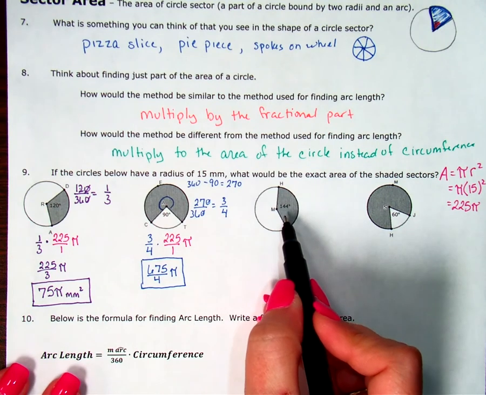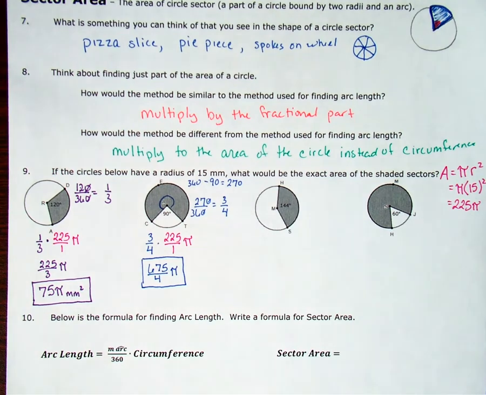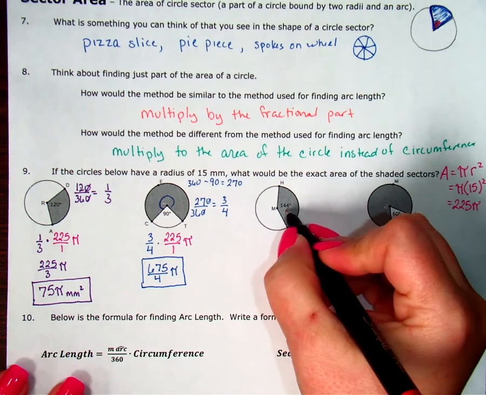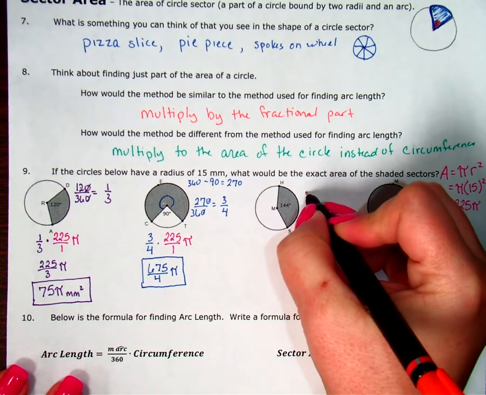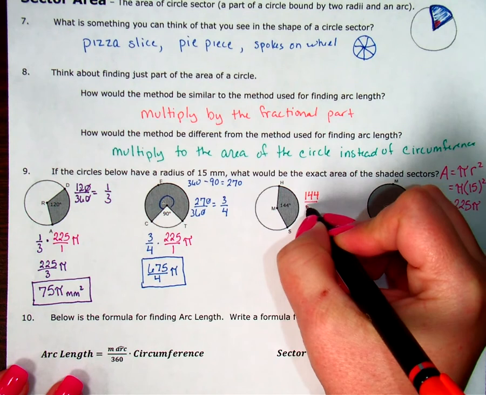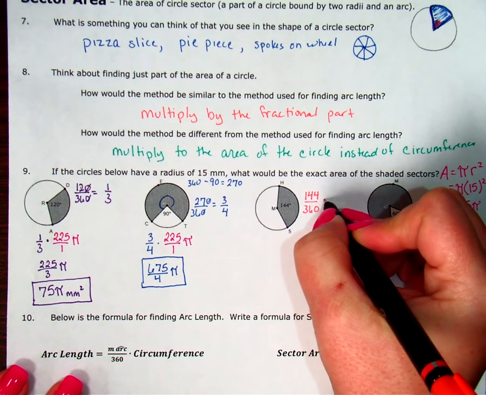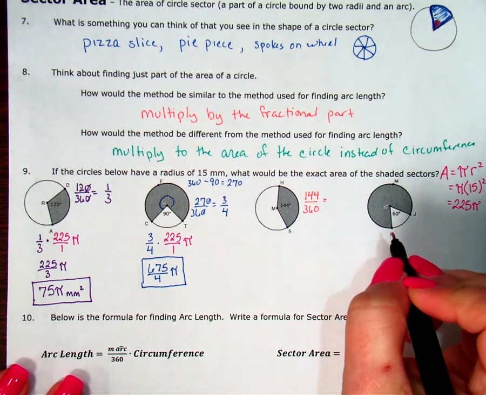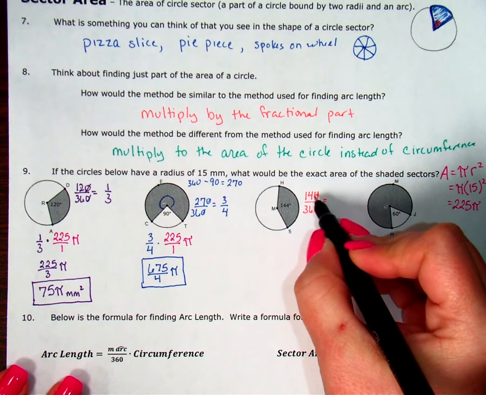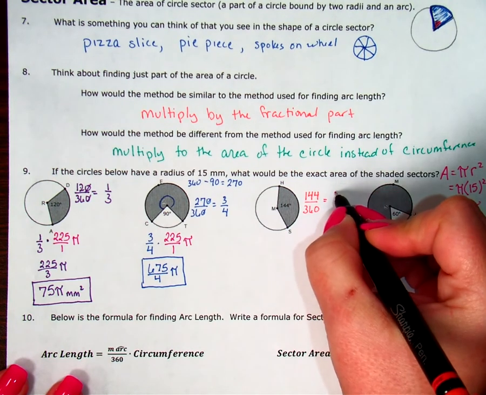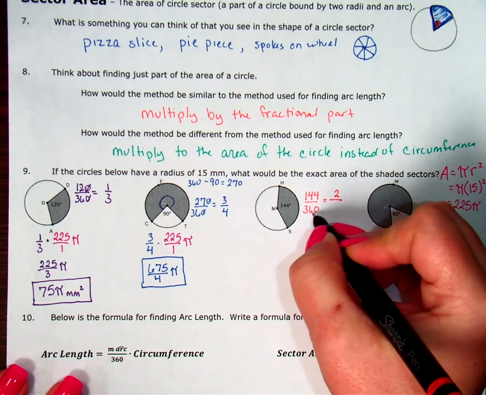So when I look at that one, I'm going to have 144 is my angle in there. So 144 out of 360. Okay, so 72 goes into 144 2 times, and 72 goes into 360 5 times.